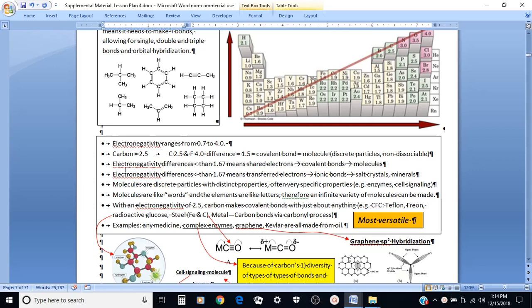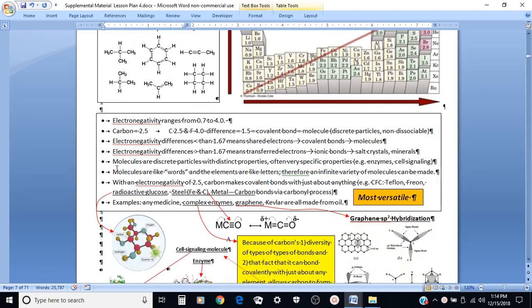Now, if the electronegativity difference is less than 1.67, and carbon-fluorine is 1.5, the biggest difference here, you get covalent bonds, which means you get molecules. With an electronegativity difference greater than 1.67, electrons are transferred and you get ionic bonds, which gives you salt crystals, minerals, all right?